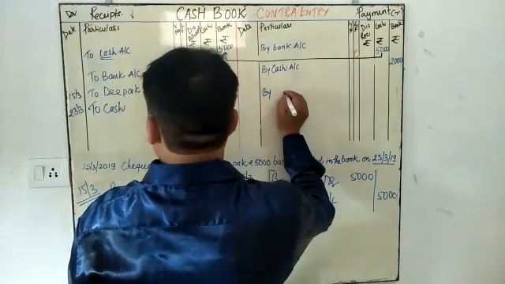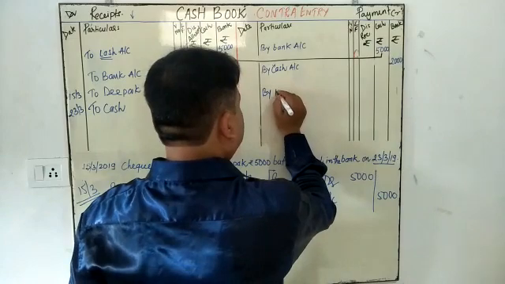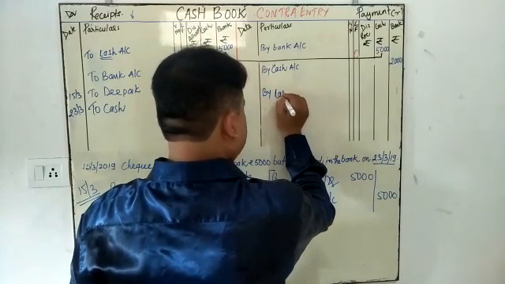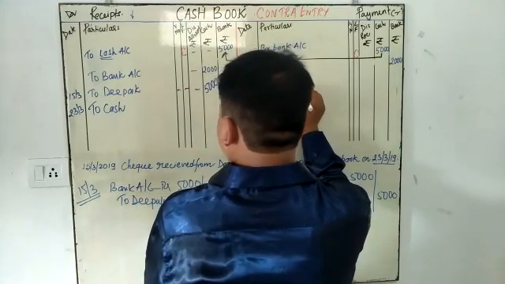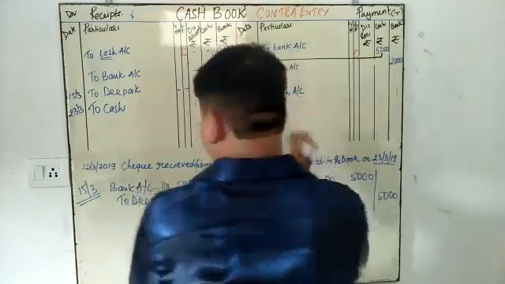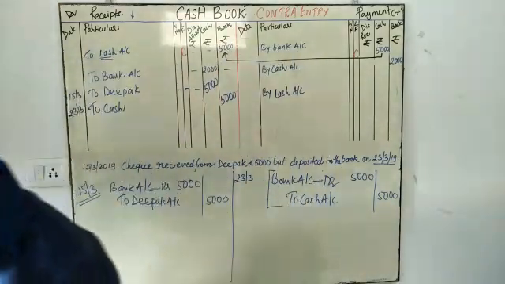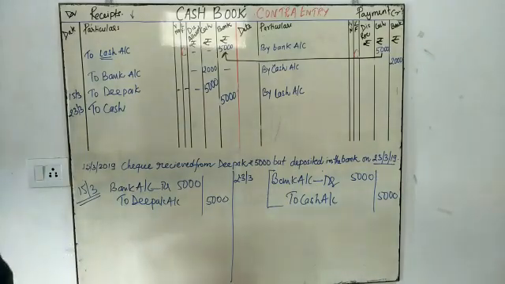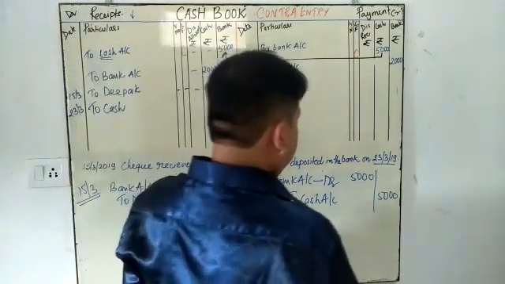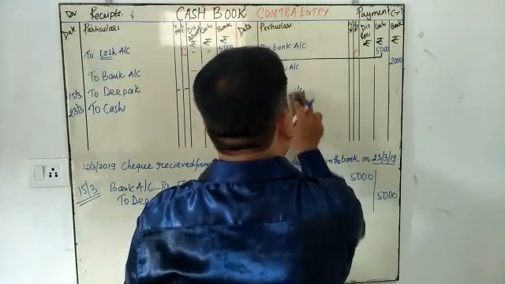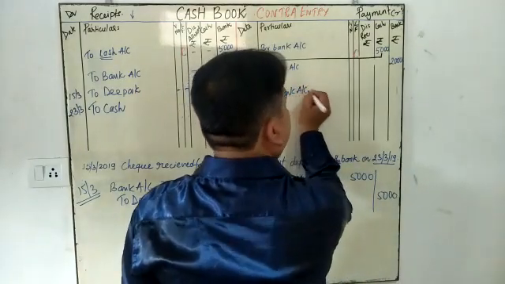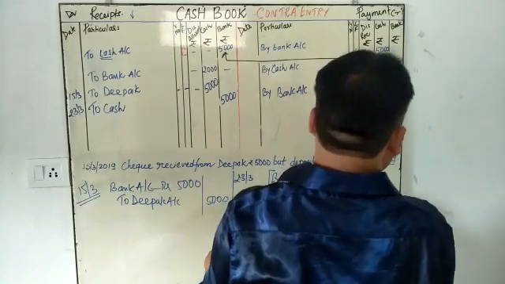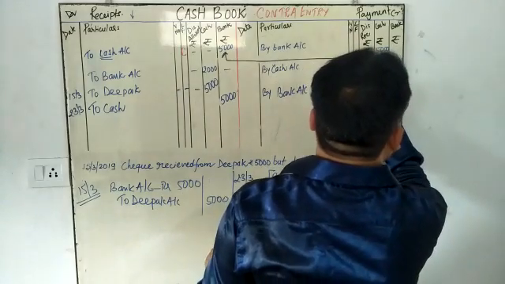By cash account, bank account. How much is the amount? 5000.